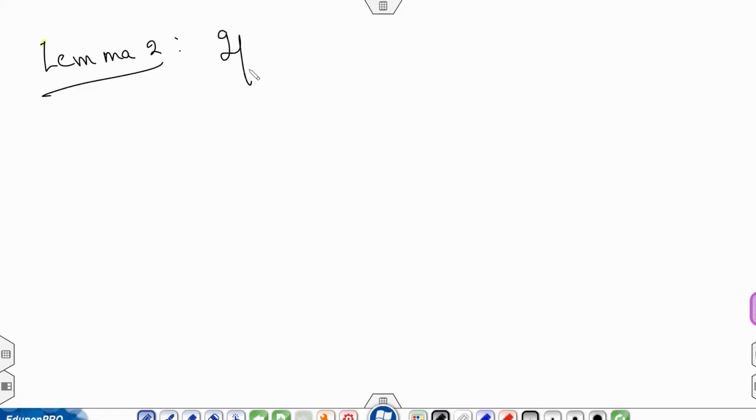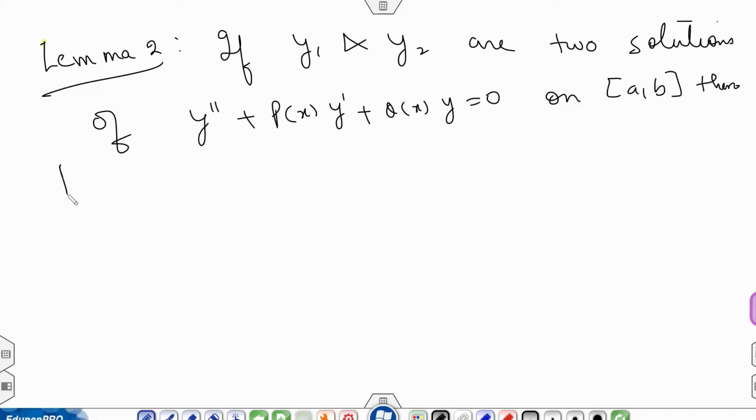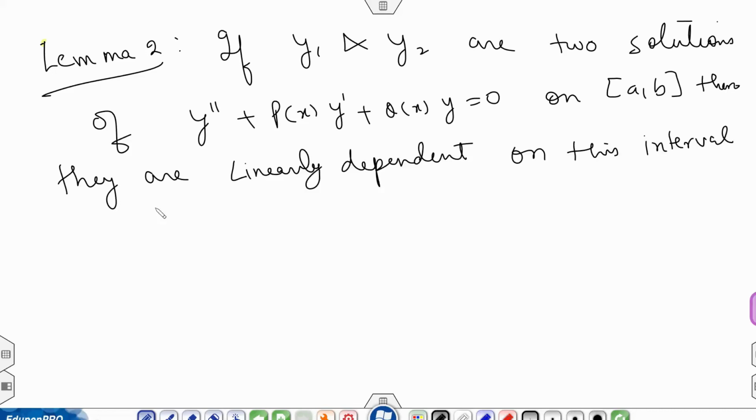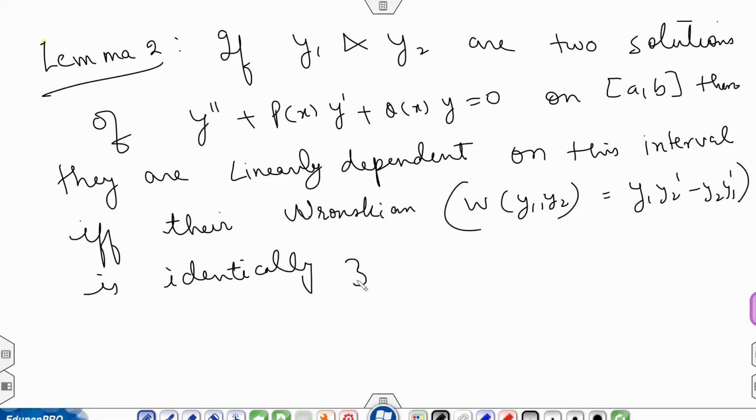It says that if y1 and y2 are two solutions of the same homogeneous second order differential equation on the closed interval [a, b], then they are linearly dependent on this interval if and only if their Wronskian, that is y1 y2 dash minus y2 y1 dash, is identically 0 on the closed interval [a, b].